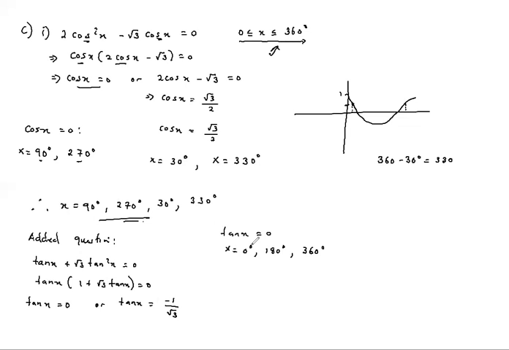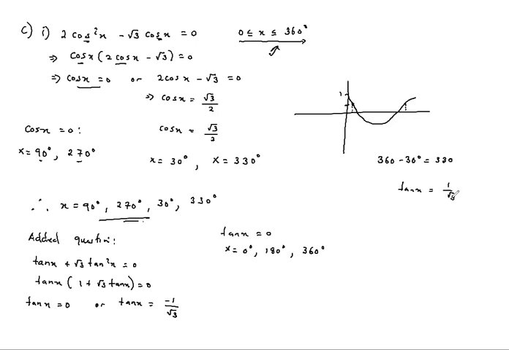Then the next thing, tan x is equal to negative 1 over root 3. Tan is negative in the second and fourth quadrant. So first you look for tan x is equal to 1 over root 3. So you check the special angles.